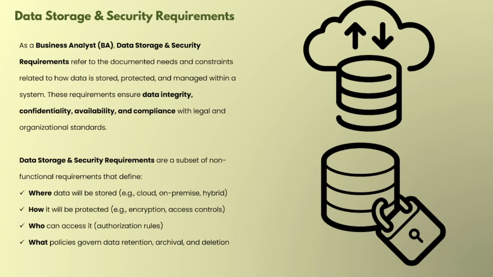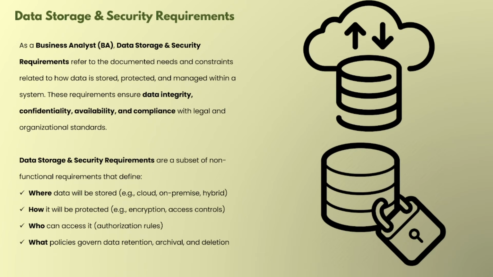Now let's move and see data storage and security requirements. As a business analyst, data storage and security requirements refer to documented needs and constraints related to how data is stored, protected, and managed within a system. These requirements ensure data integrity, availability, and compliance with legal and organizational standards.